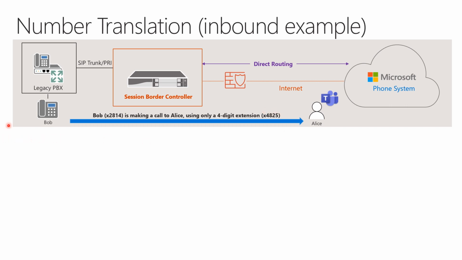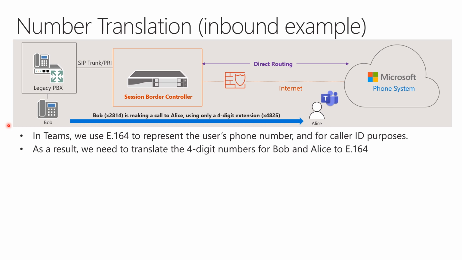Now, in Teams, we will be using the E.164 notation to represent the user's phone number. So Alice isn't going to have a phone number of 4825. She's going to have a phone number that's properly formatted as an E.164 number, which would start with +1.